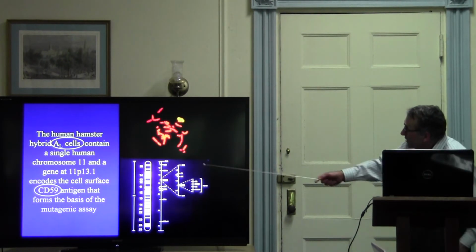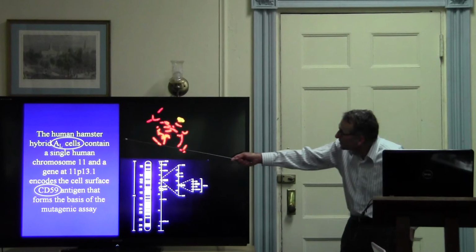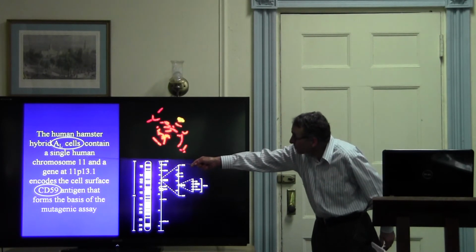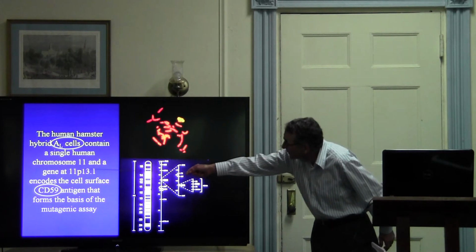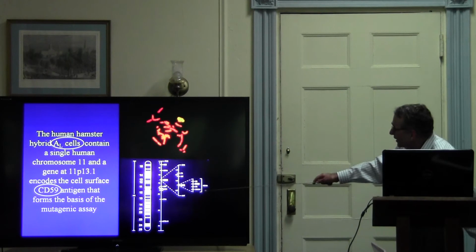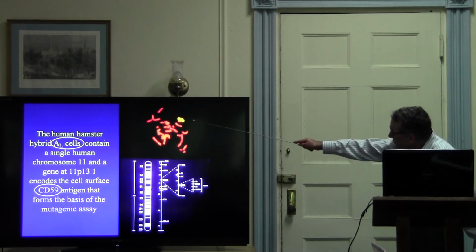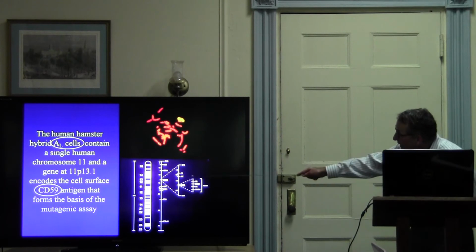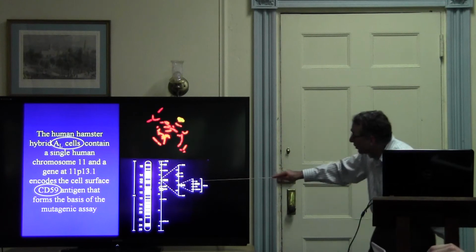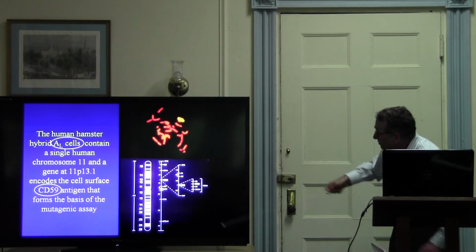And it has been explained to us that the A sub L cells have a single human chromosome 11, and it's at this locus, so they can study mutations in here. I presume this would be the human chromosome 11, and the locus is on this arm of the chromosome.